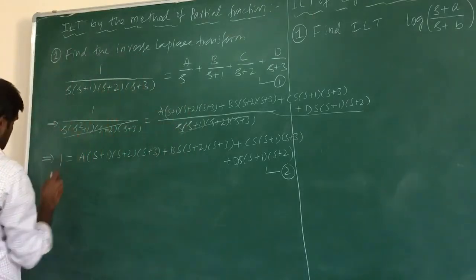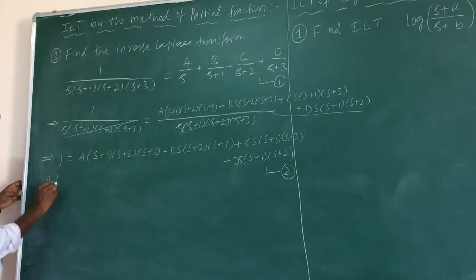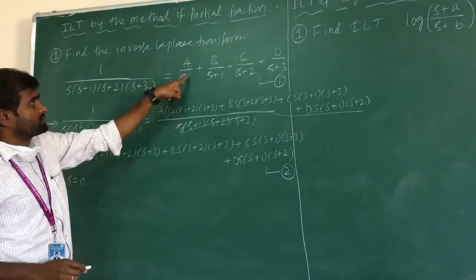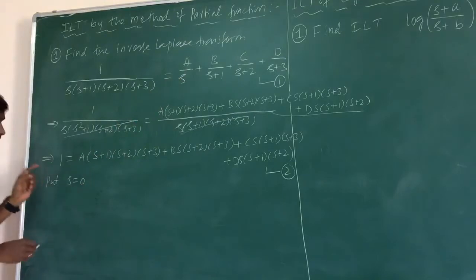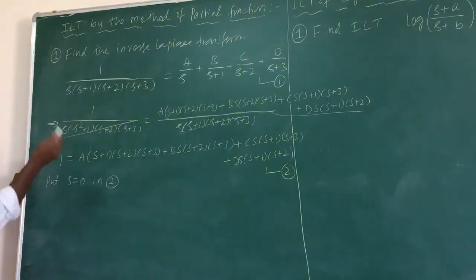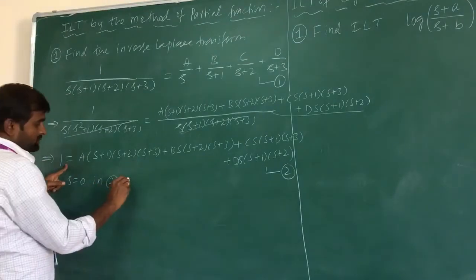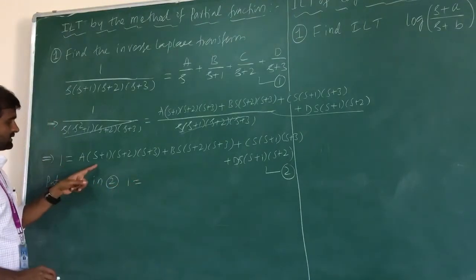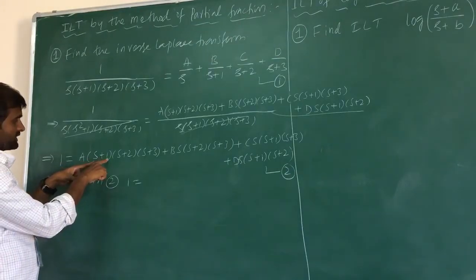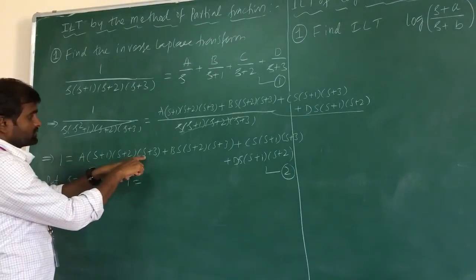Now if you want the value of a, put s equal to 0 in equation 2, because then only the a term remains. So 1 equals, if s equals 0, here 0 plus 1 is 1, 0 plus 2 is 2, 0 plus 3 is 3.